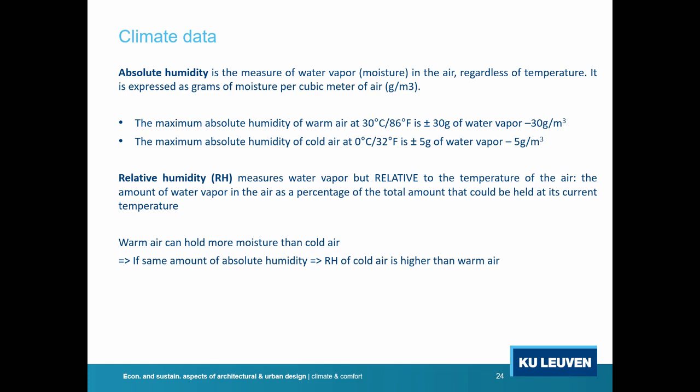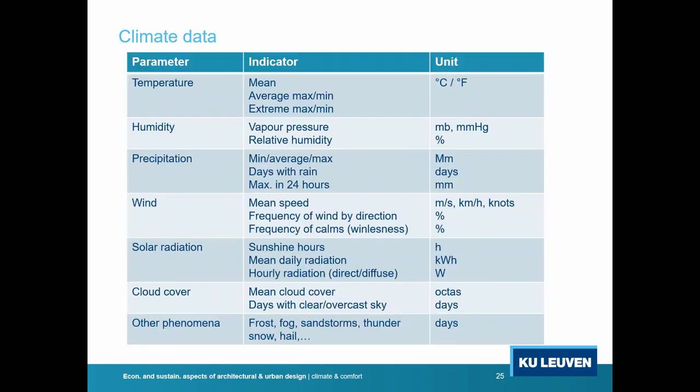So that's a trend that you should keep in mind. So relative humidity goes down when temperature goes up. So they have an opposite direction because the absolute humidity remains the same, but when the temperature is higher, it can hold more absolute humidity.